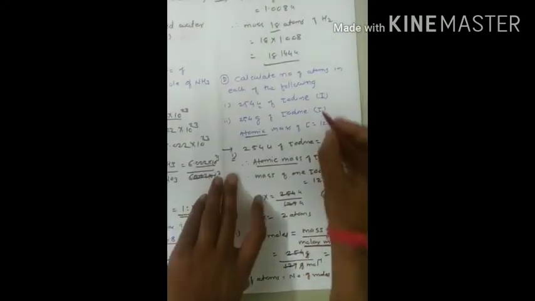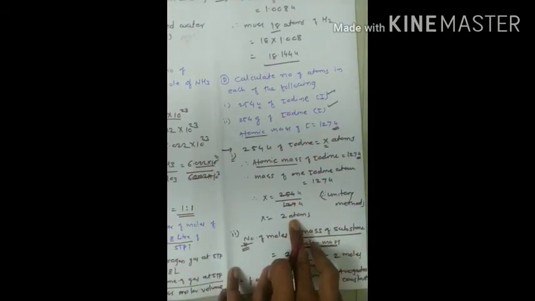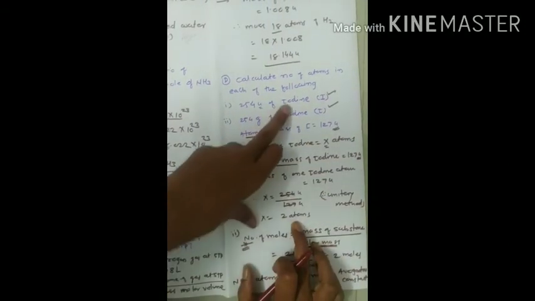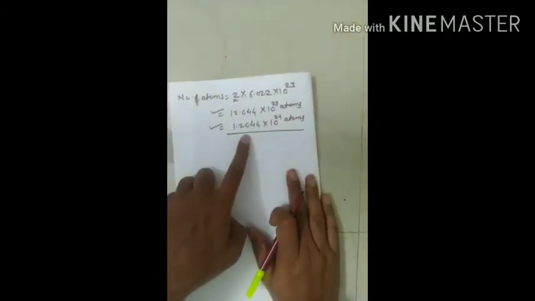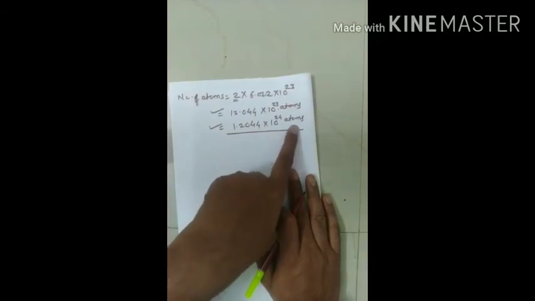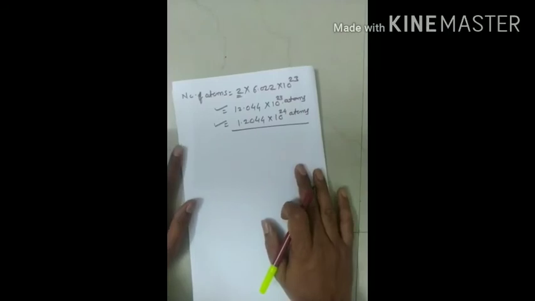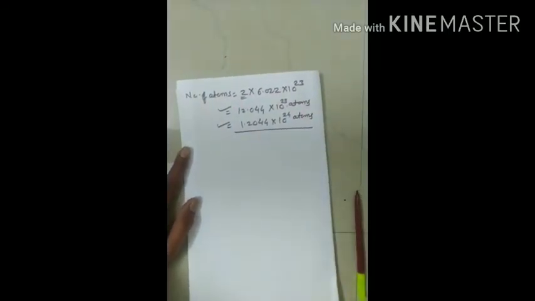So we solve these two problems. First, the answer is 2 atoms in case of 254 u of iodine, and in case of 254 gram of iodine, I will get this much amount of atoms, that is 1.2044 into 10 raised to 24 atoms. So in this way you can use the simple formulas.